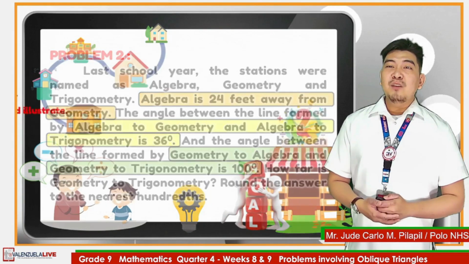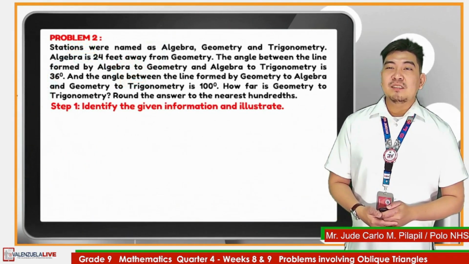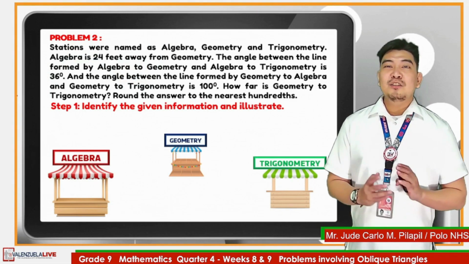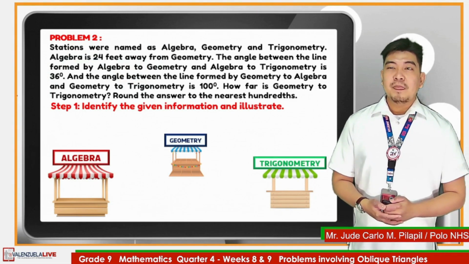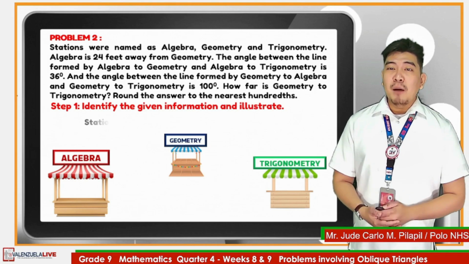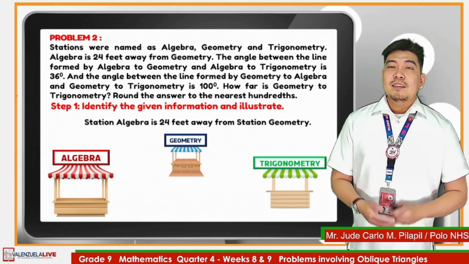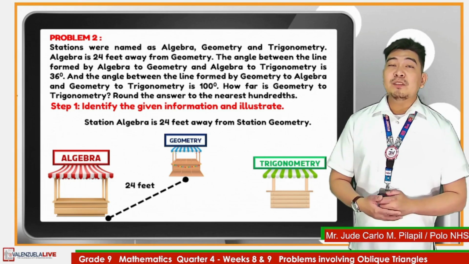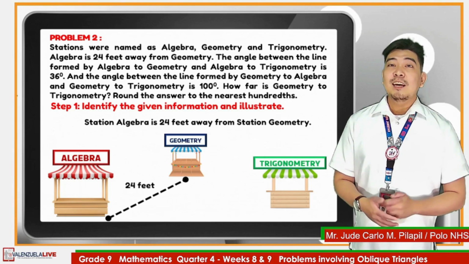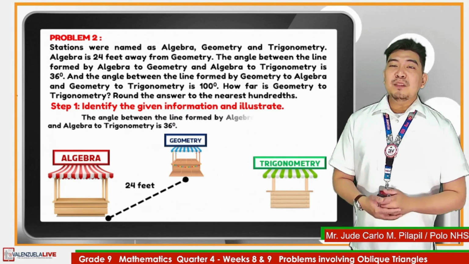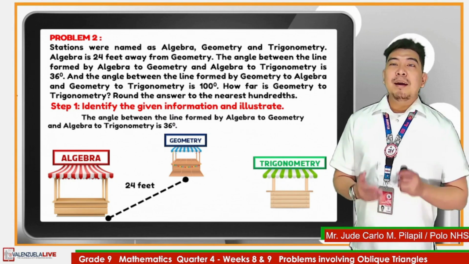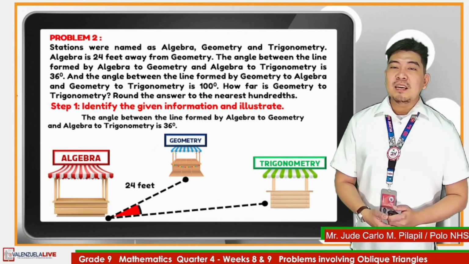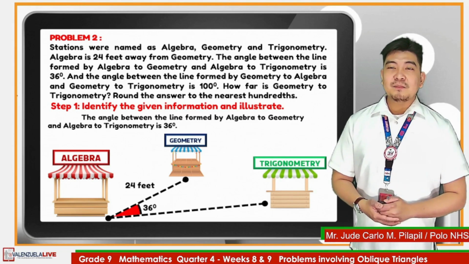We are given 3 learning stations. So we have stations algebra, geometry, and trigonometry. It is stated in the problem that station algebra is 24 feet away from station geometry. Next, the angle between the line formed by algebra to geometry and algebra to trigonometry is 36 degrees.